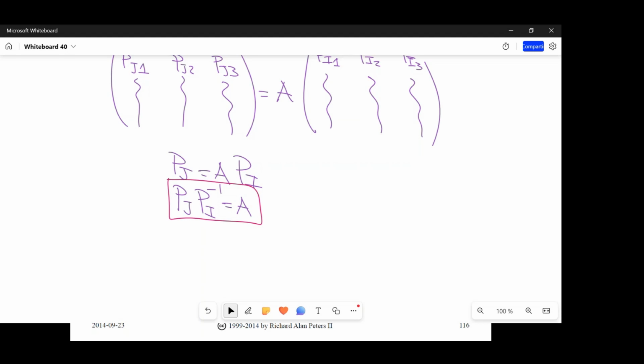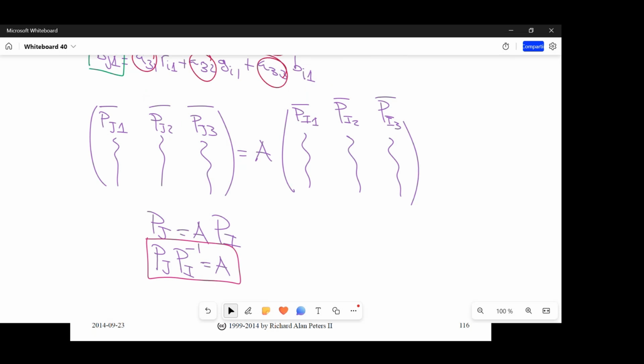What if you give me a fourth pair? Now you are very kind, and you give me another color pair. And I do the same. So can I simply take this matrix, invert it, and I get A?